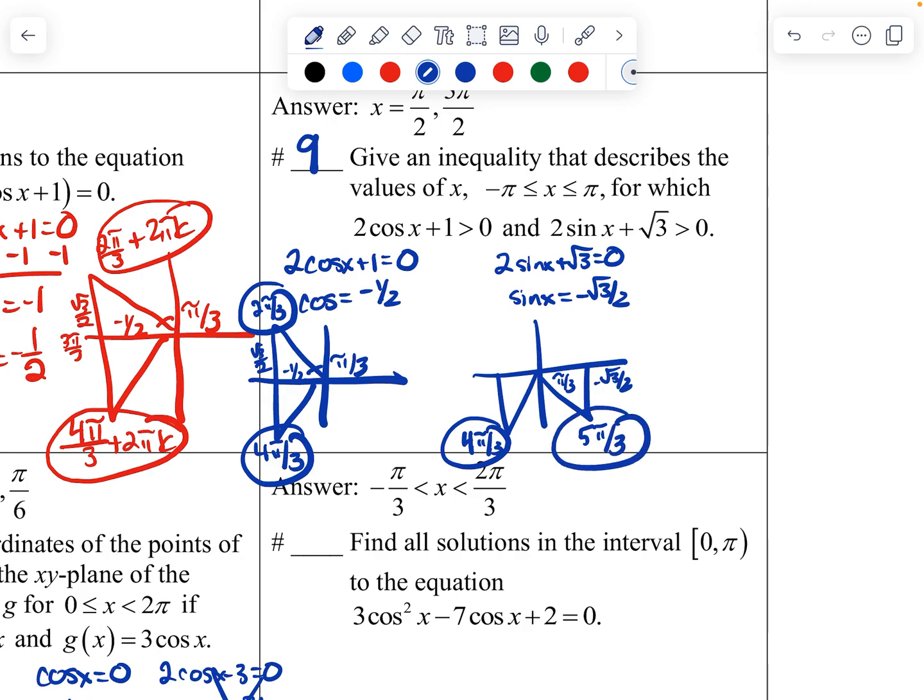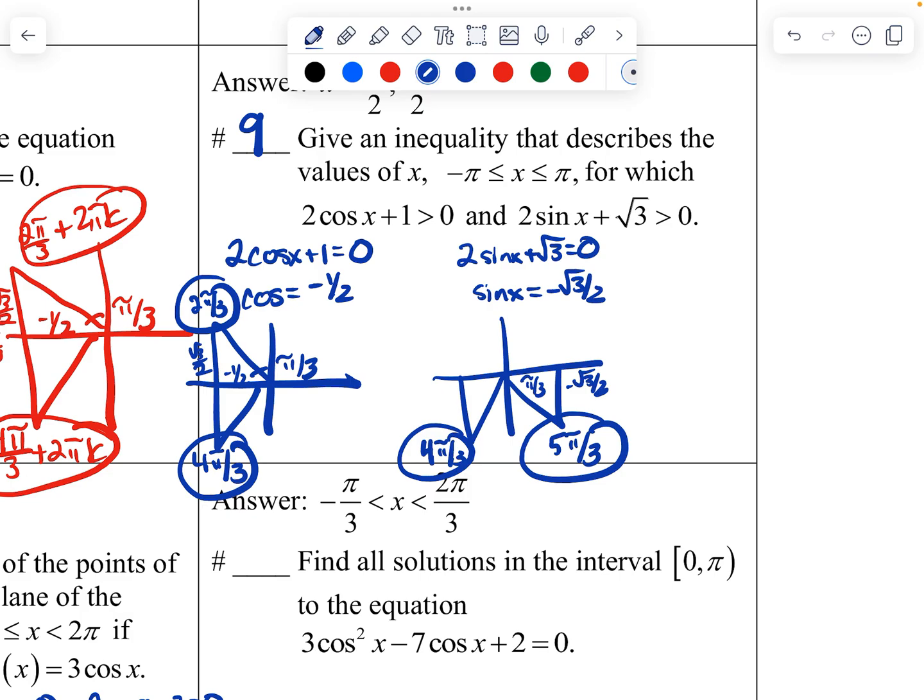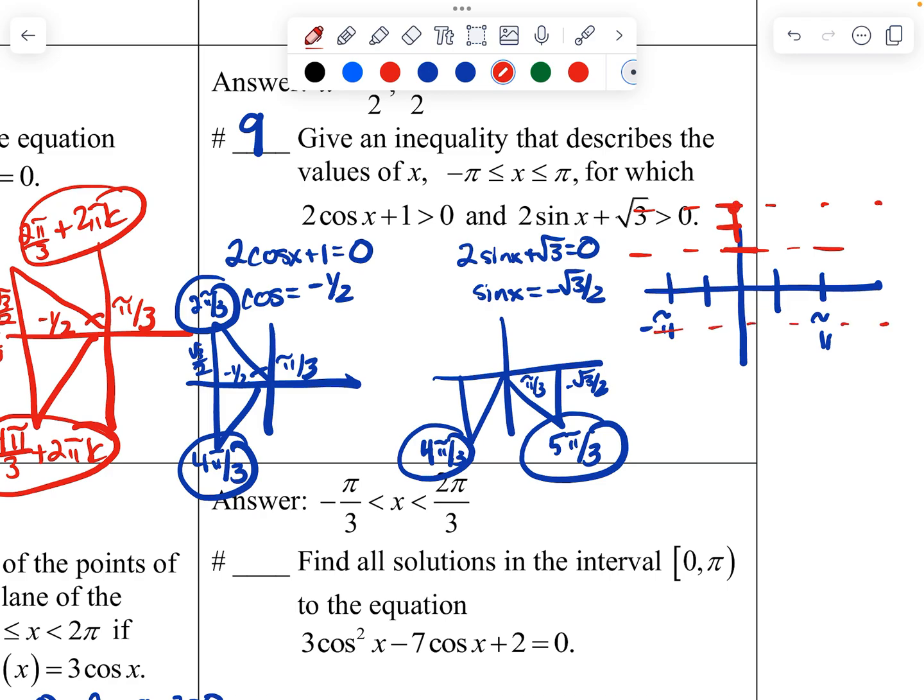All right. So if we were to graph these from negative pi to pi, so our cosine, it's at 1, and it goes up 2 and down 2. So cosine starts high, mid, low. So here's our cosine.